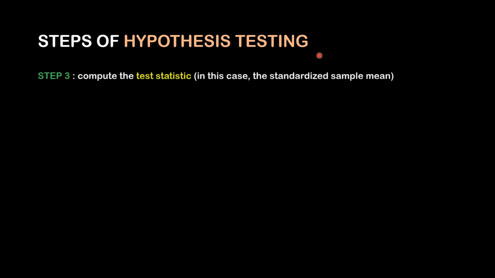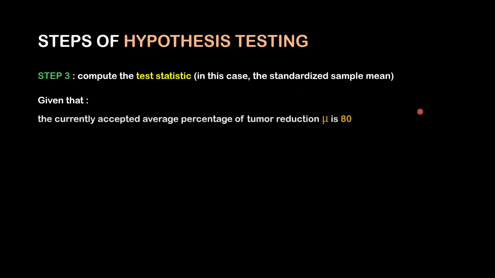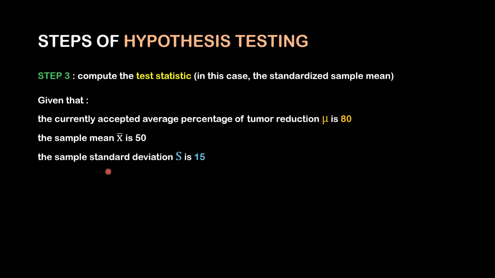In step 3, we calculate the test statistic, which in this case is a standardized sample mean. Given that the currently accepted average percentage of tumor reduction denoted mu is 80, that the sample mean x bar is 50, that the sample standard deviation denoted S is 15, that the sample size n is 2000, and that the standard error is equal to the sample standard deviation S divided by the square root of n.